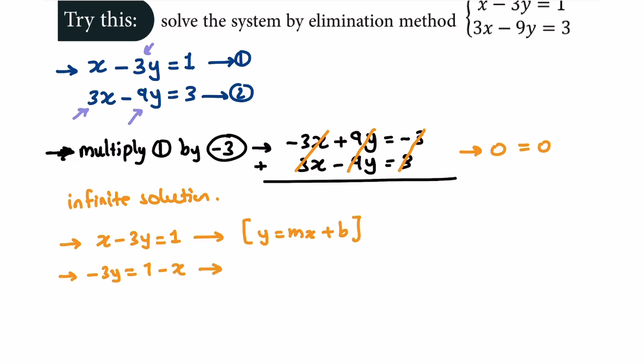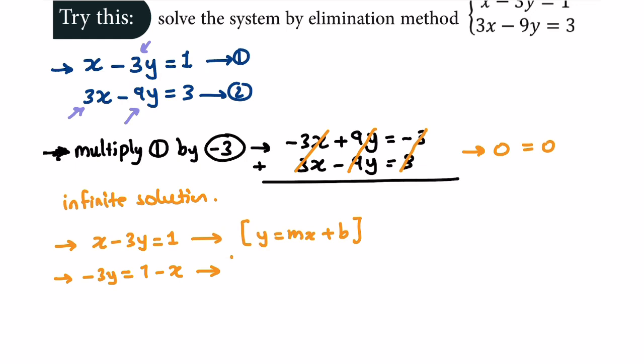Then I'm going to divide by negative 3. I have 1 over 3x become positive, minus 1 over 3. In this case, I'm going to write it down like that: y equal 1 over 3x minus 1 over 3.